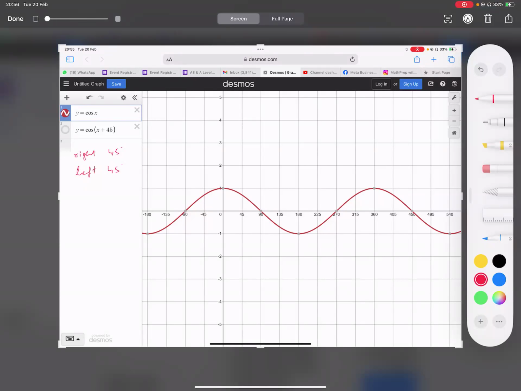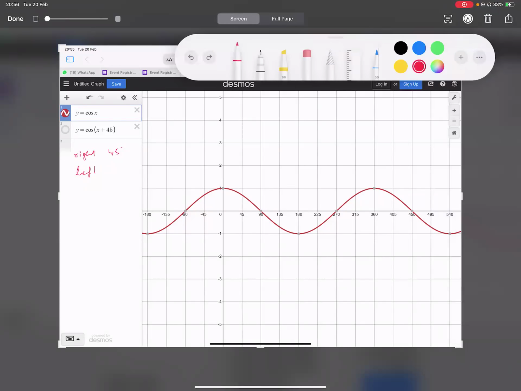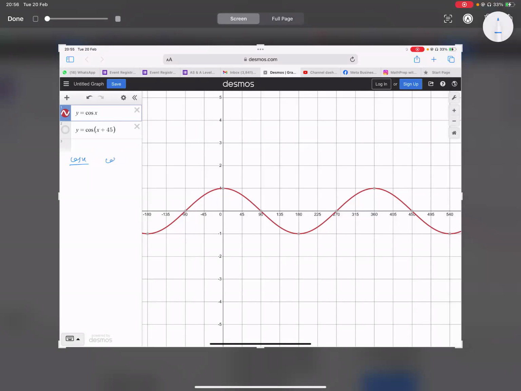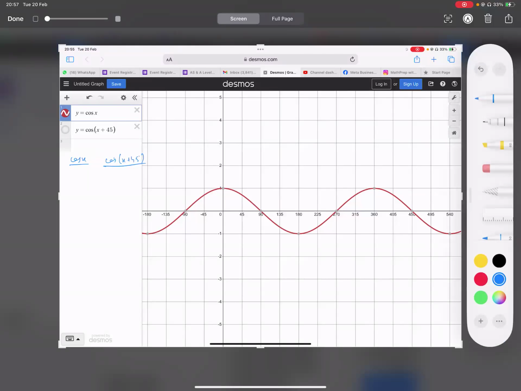Let's try to understand this. Now, in horizontal transformations, what happens is, if we had this original function, cos of x, and if we had cos of x plus 45 along with that, let's think about both of these functions together.